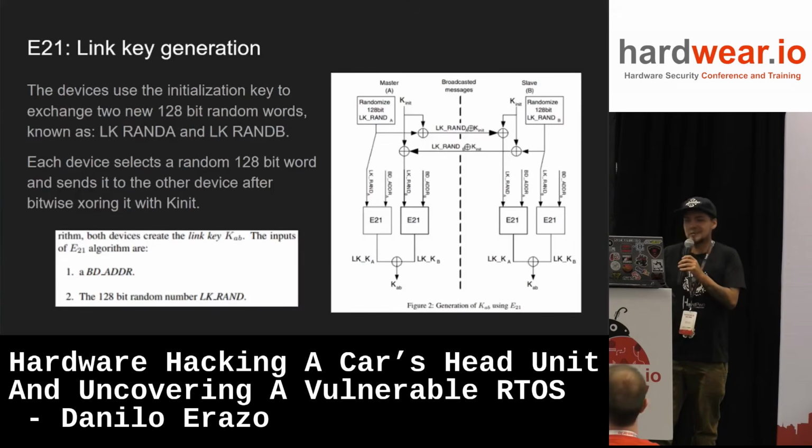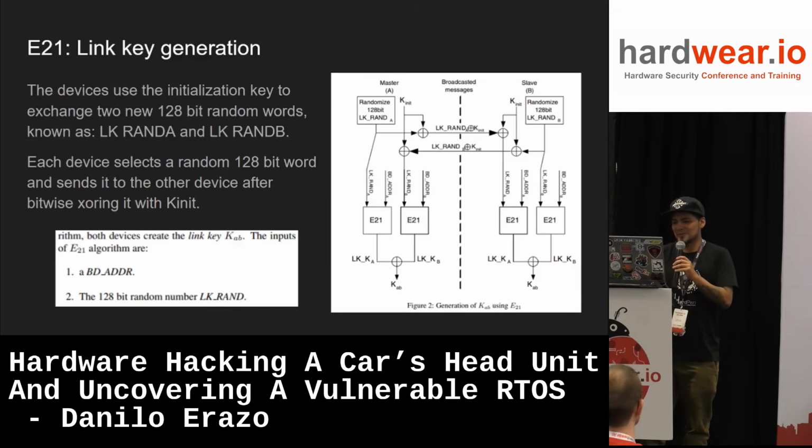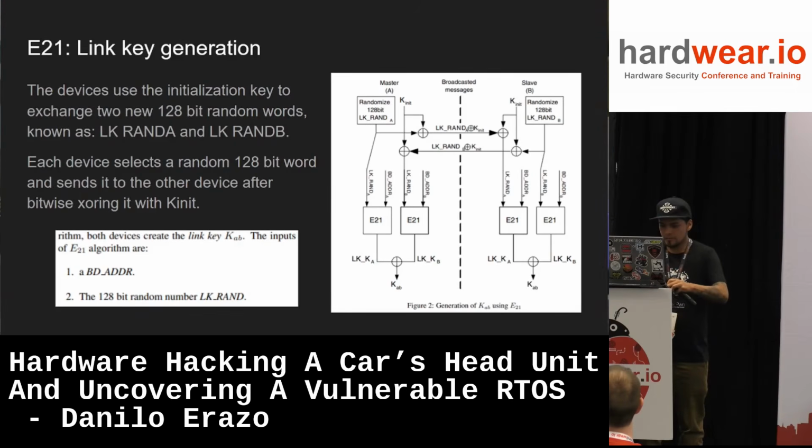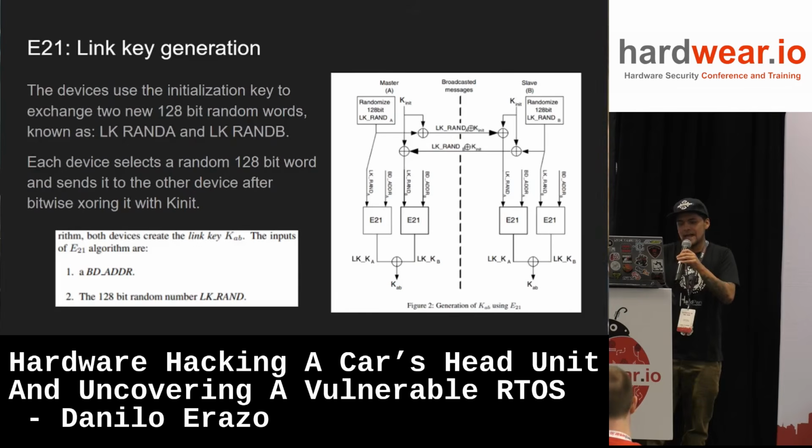After that we have E21, the algorithm that generates the link key. Its purpose is to derive the link key after the initialization key exchange. First of all, we have two inputs, two 128-bit random numbers, LK_RAND_A and LK_RAND_B, one chosen by each device, and also the Bluetooth device address of each respective device.